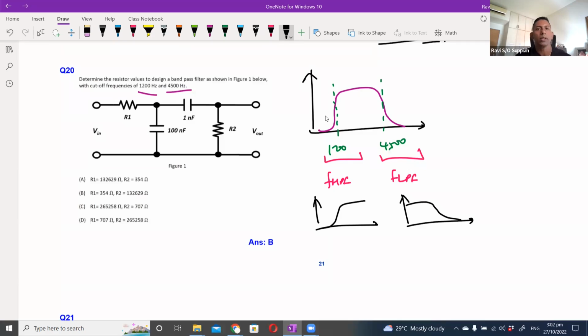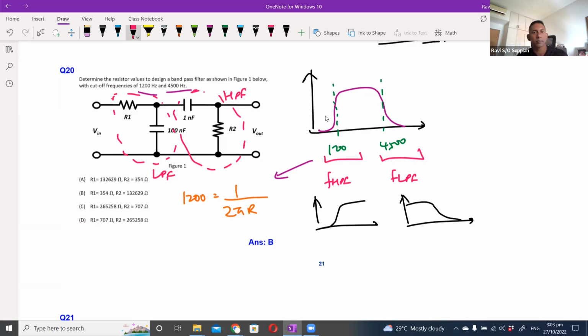All you need to do is to plug in the formula, which is the same, where we say that 1200 is equal to 1 over 2 pi RC. In the circuit over here, we must also remember that your RC in this configuration is your low pass filter, and your RC in this configuration is your high pass filter.